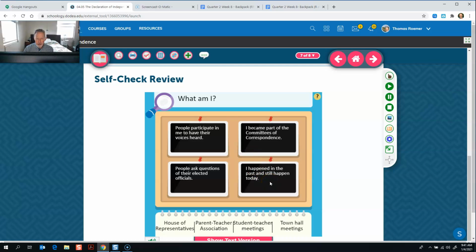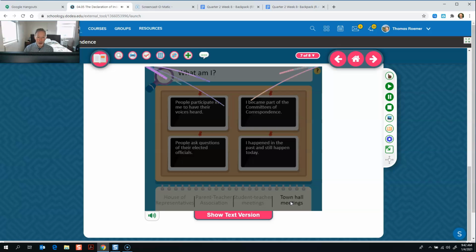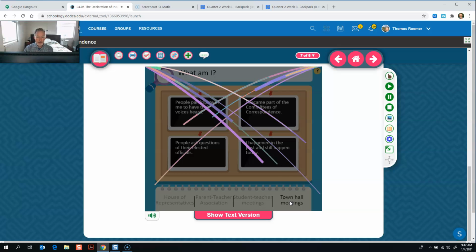I happened in the past and still happen today. The House of Representatives, we do have that now. Parent-teacher association, that's at school. Student-teacher meetings, that's at school. So these two make no sense. Town hall meetings. So people are going to ask questions of their officials. It's going to be a town hall meeting. Oh, and some cool sounds and confetti rainbow things.